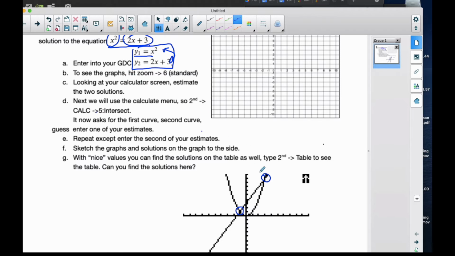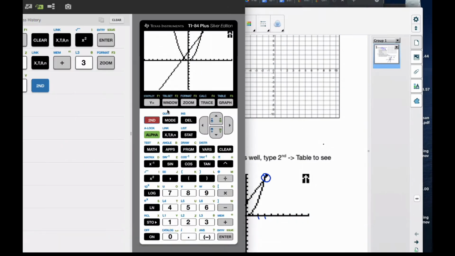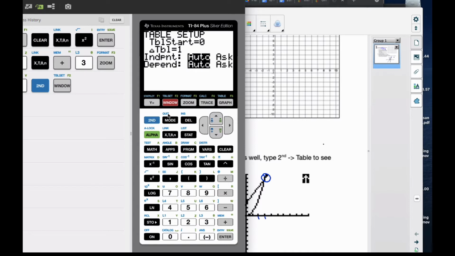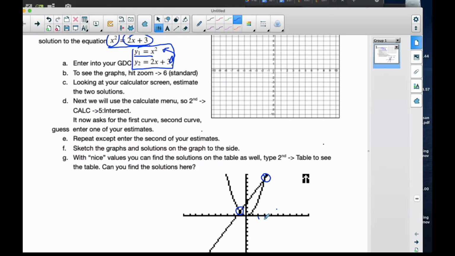And if I'm going to estimate it, each of these little marks is worth 1. I know that because when I look at my calculator in my window mode, this scale is 1. If I change it to 2, then each of these little tick marks will be by 2. So these are 1.